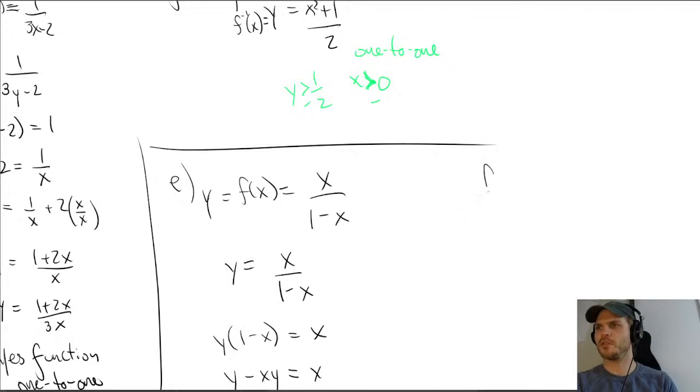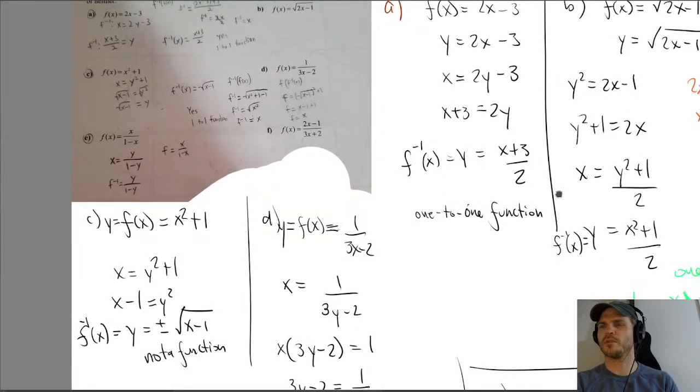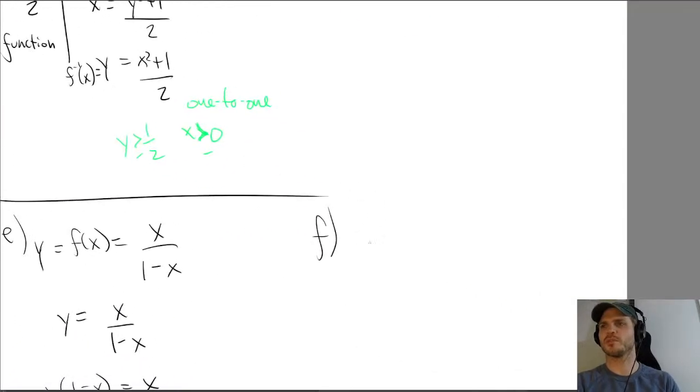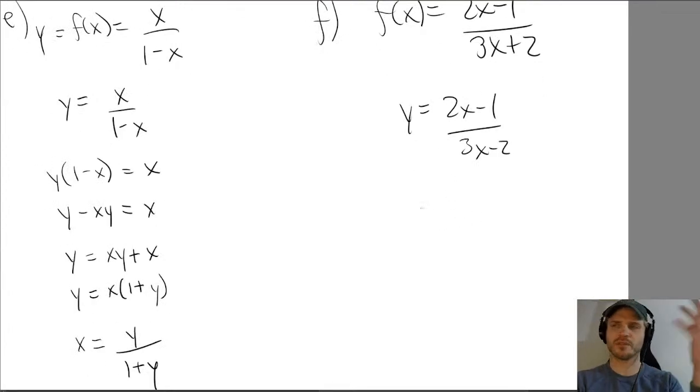And then f is 2x minus 1 over 3x plus 2. Alright, so this is y. Let's solve for x and then swap again.